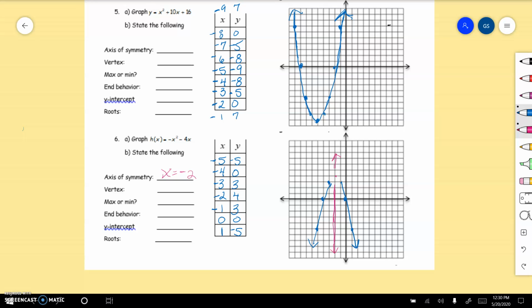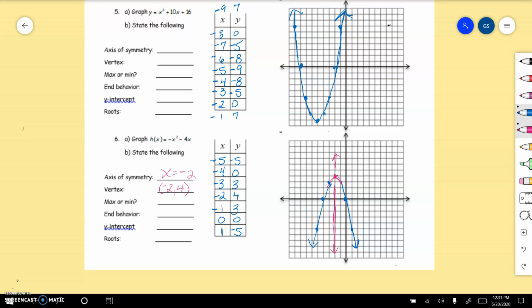Okay, so the vertex is going to be (-2, 4). All right, let me just make sure I have that point there. -2, 1, 2, 3. Yeah, that's where it's supposed to go. I just messed that up a little bit.